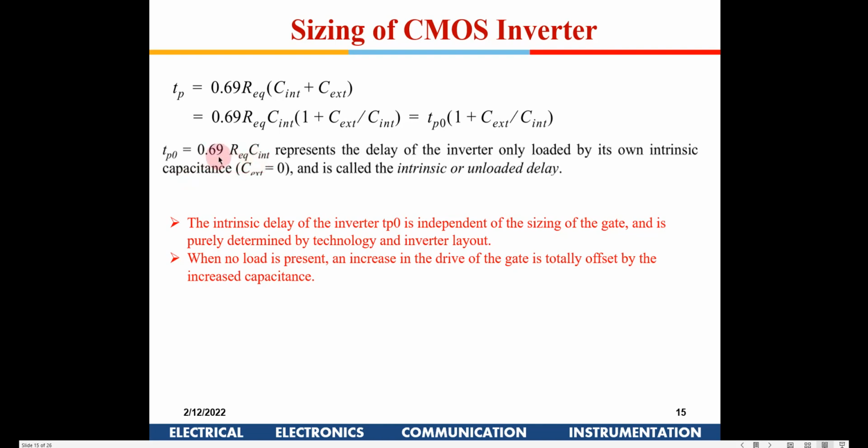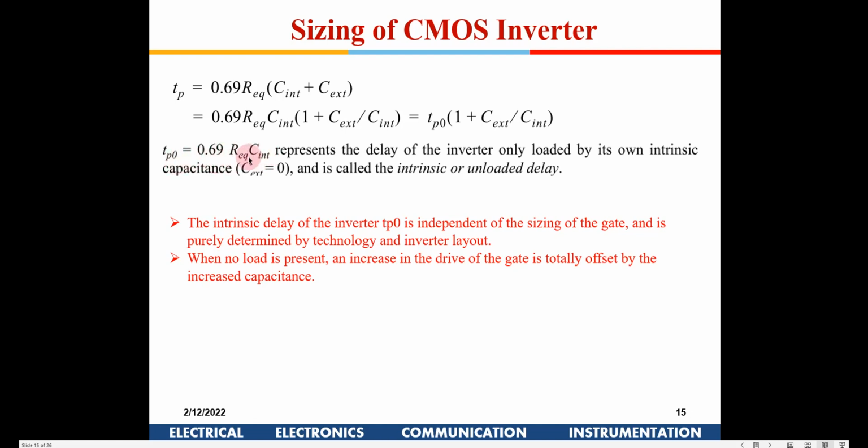Am I audible? There was some internet issue. So if you see here, TP0 is equal to 0.69 R equivalent C internal. This is purely technology dependent. It will be there irrespective, even if there is no load connected, this much delay will be there.